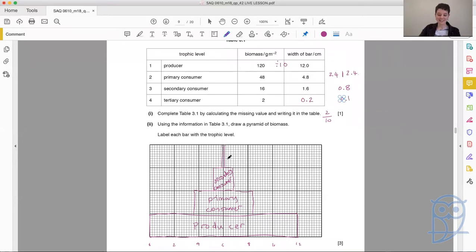And there's not a chance that I can write tertiary consumer in there, so label line and tertiary consumer. So I have drawn my pyramid. It's nice and pointy in the middle. And it's a pyramid of biomass, each bar labeled with the trophic level.